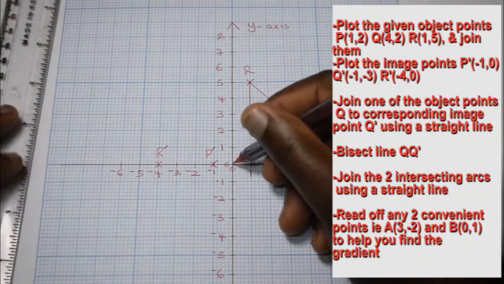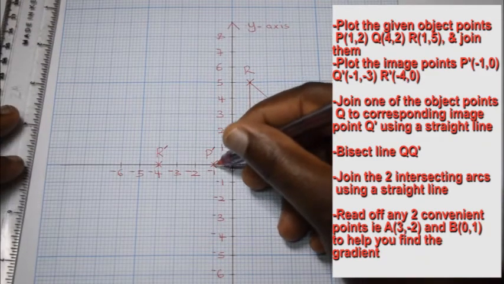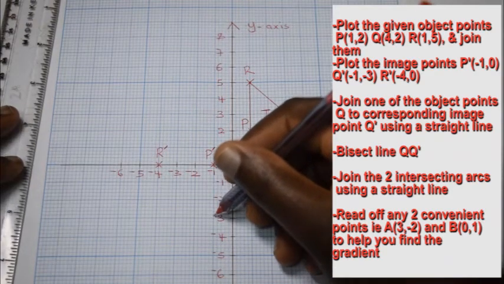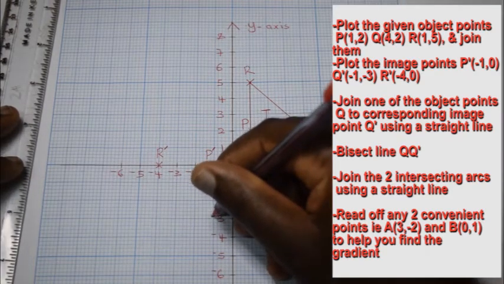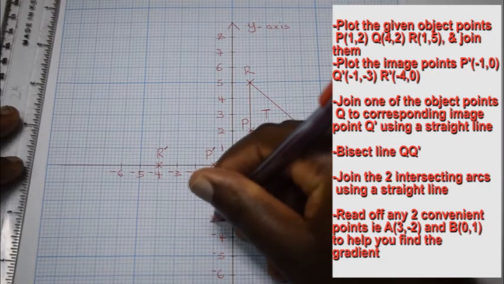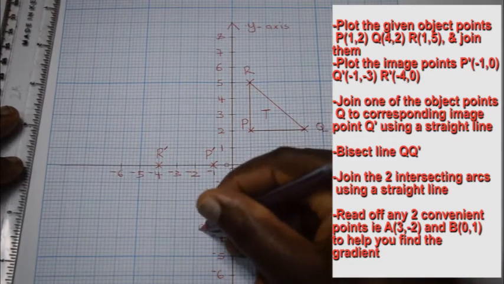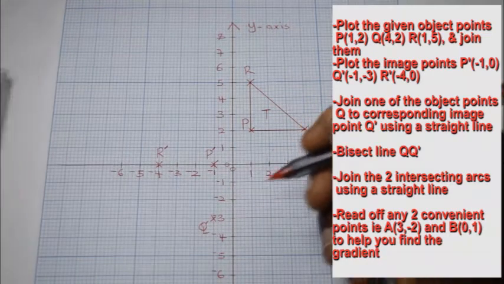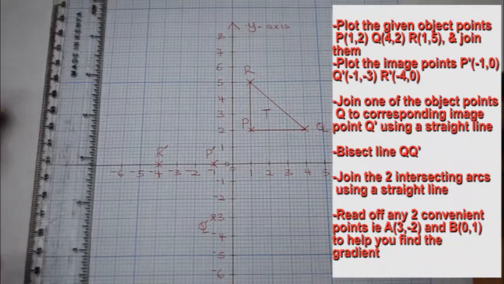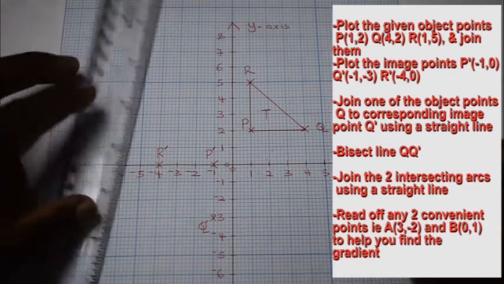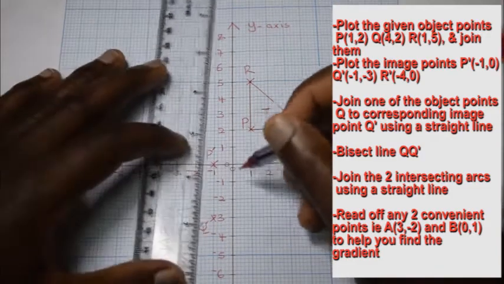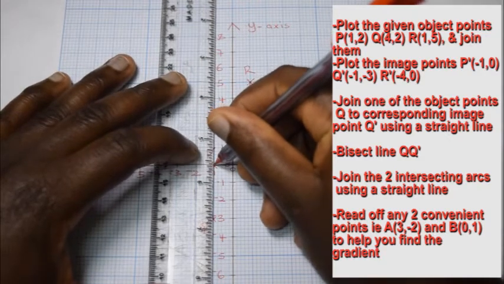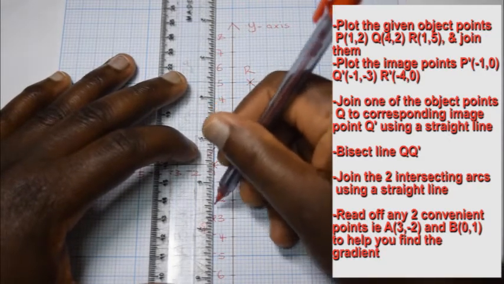For point Q prime, move 1 step in the negative direction of the x-axis, followed by 3 steps in the negative direction of the y-axis.